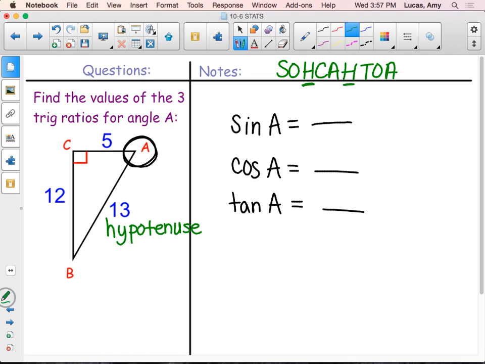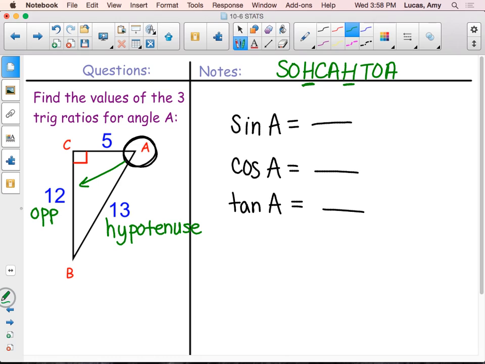All right. Now, adjacent and opposite. Opposite of angle A means across the triangle, the opposite side here is 12. It is not one of the sides that form angle A. It is the other side of the triangle.